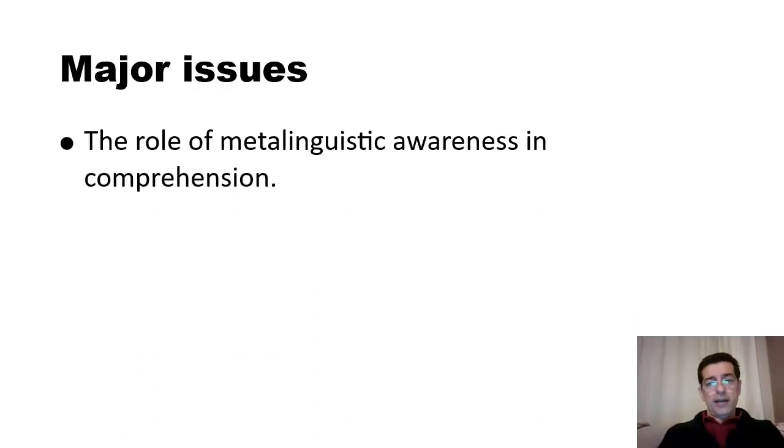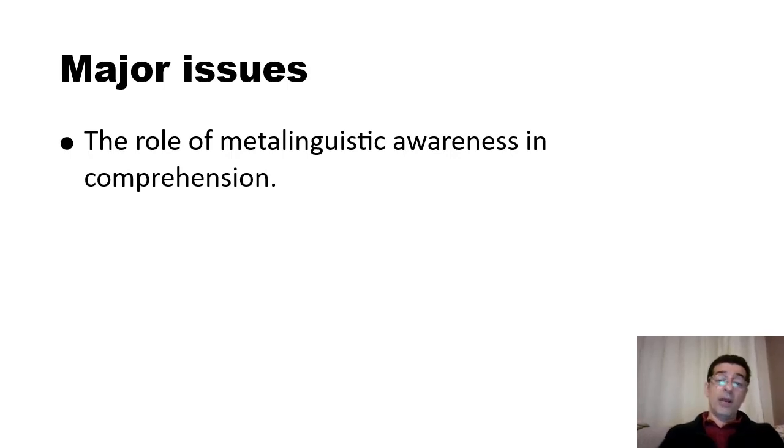All right, our next issue is the role of metalinguistic awareness in comprehension. Now, when we are talking about metalinguistic awareness, we are talking about things maybe not at the reading level, but at a level other than the language itself, as we usually think of it. Any increase in metalinguistic awareness allows learners to use a range of skills that are important for reading.